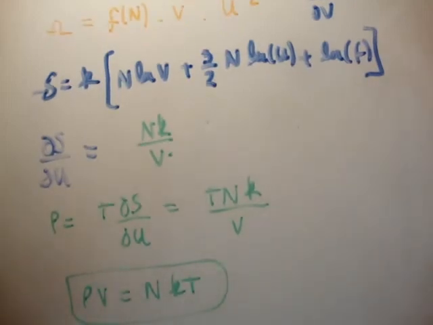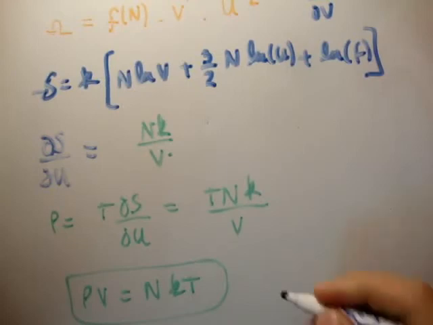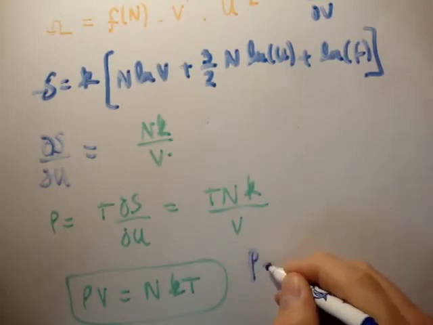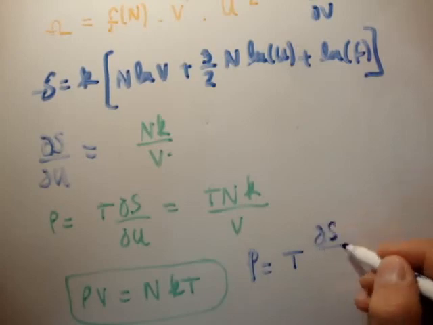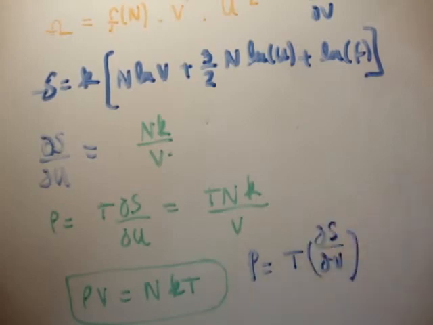So it does seem that the expression we derived, such that pressure is equal to temperature times del S del V, in actual fact is correct, holding of course the number of particles and the energy constant.